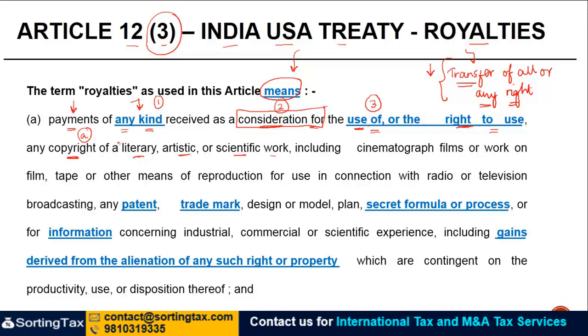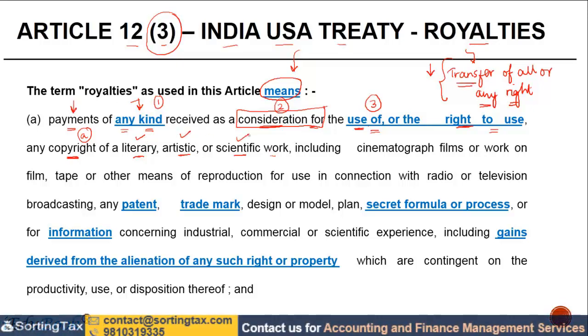If you are transferring a copyright, that per se is not covered within what we have discussed until now. And the copyright could be of literary, artistic or scientific work, including cinematographic films or work on film, tape, or other means of reproduction.